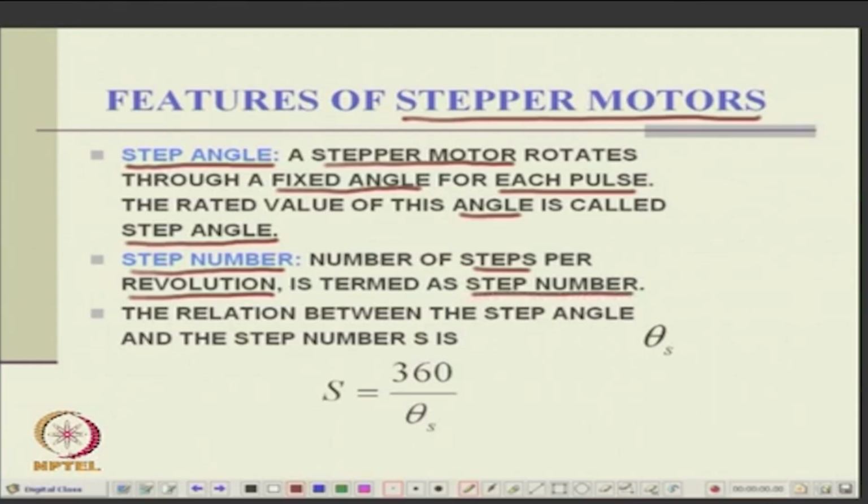It is easy to note the relation between the step angle and the step number S. If theta is the step angle, then you can easily see that S will be 360 by theta. So, if it is 12 steps, it means 30 degrees for each pulse.